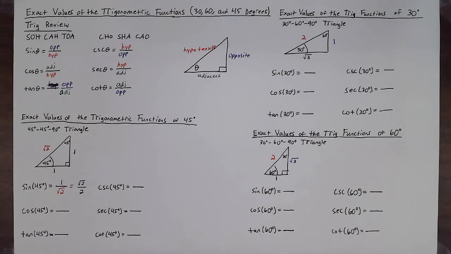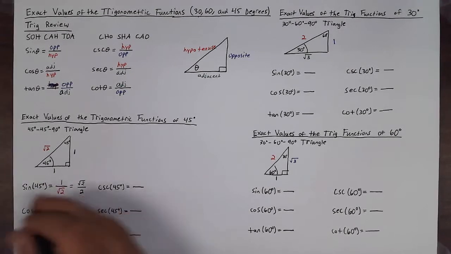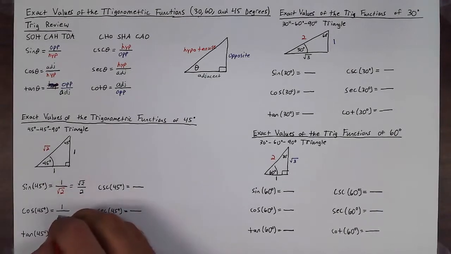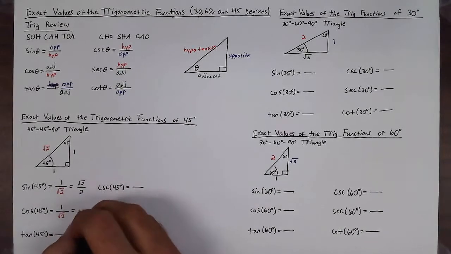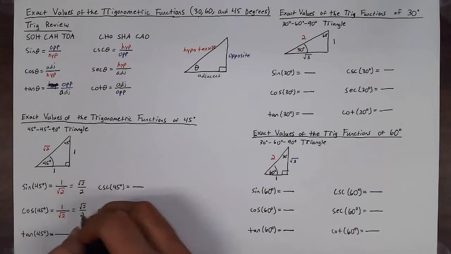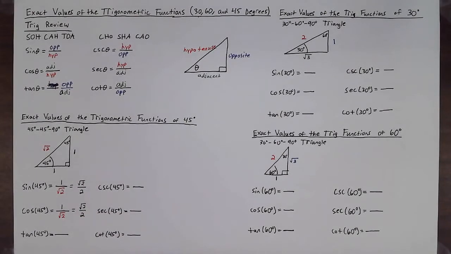Usually if you plug that into your calculator, it would be this long decimal that doesn't repeat, but now we know for sure that it's the square root of 2 over 2. Cosine would be the adjacent side, which is 1, over the hypotenuse, which is the square root of 2, which also, when rationalized, gives me the square root of 2 over 2. So it means that sine of 45 and cosine of 45 equal the same value.